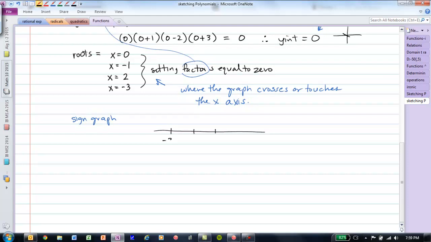Okay, so we've got -3, -1, 0, and 2. And you can put them spaced out like they would be on a number line, because obviously there's a 2 in between -3 and -1, and there's 1 in between 0 and 2, but it doesn't really matter, because what we're mostly interested in is the space in between those.